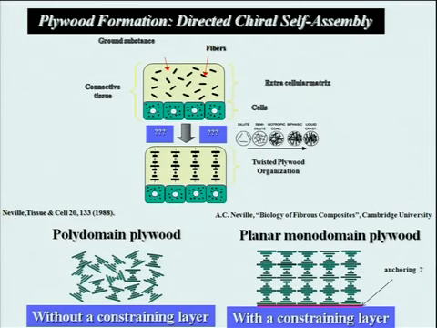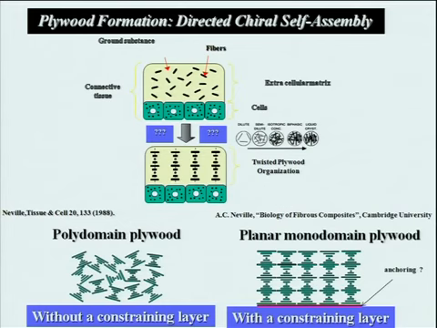You can reason that I have an Onsager phase ordering transition in the extracellular matrix. These are my fibers, my collagen, my cellulose, etc. So I have phase ordering in the extracellular matrix.